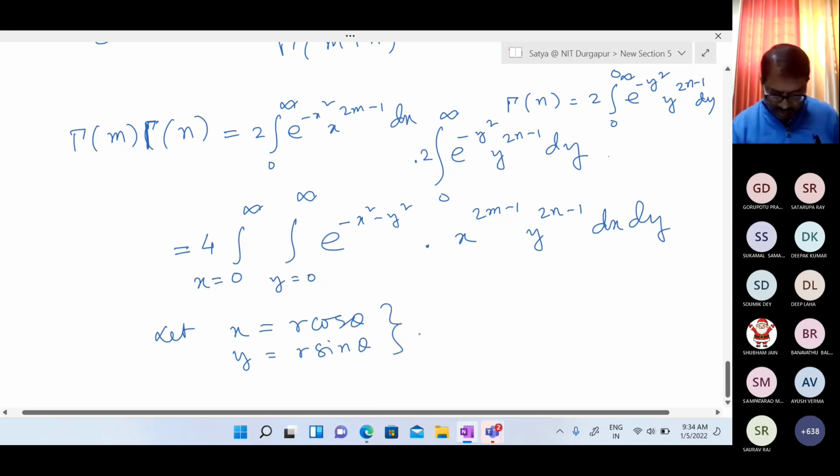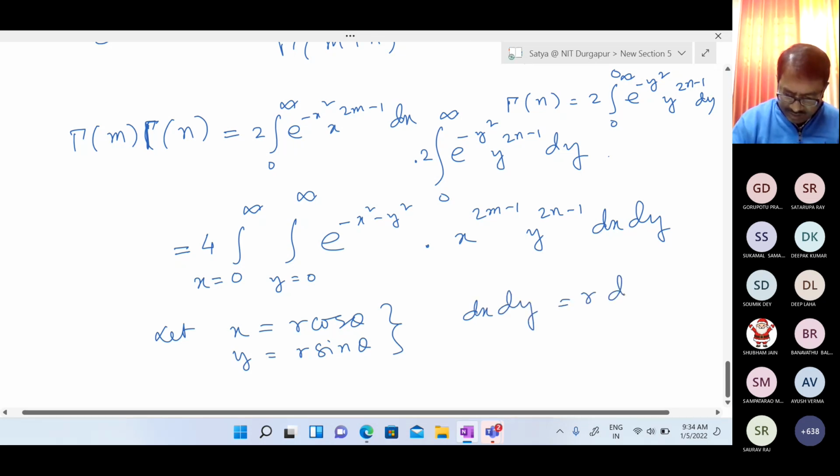From the geometry, and you will learn in functions of several variables, we know that dx dy equals r dr d theta. So from shifting from dx dy to this, this r is actually the Jacobian.